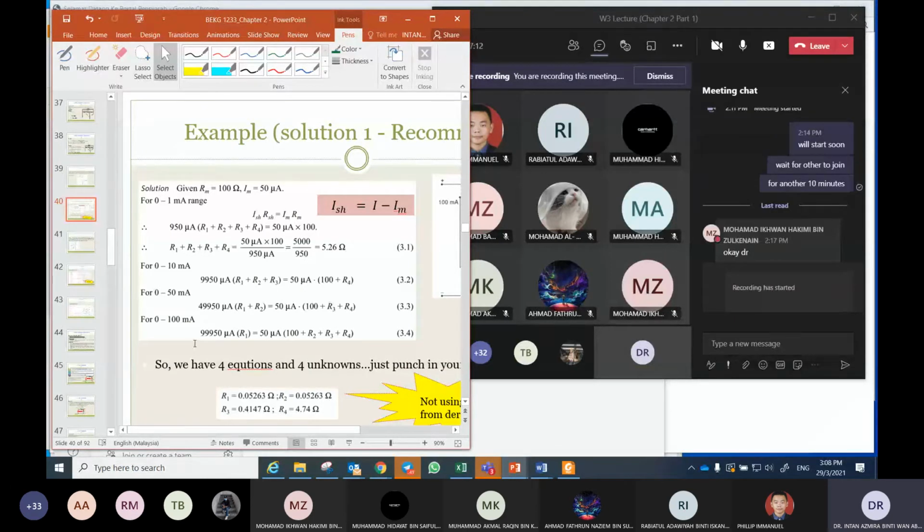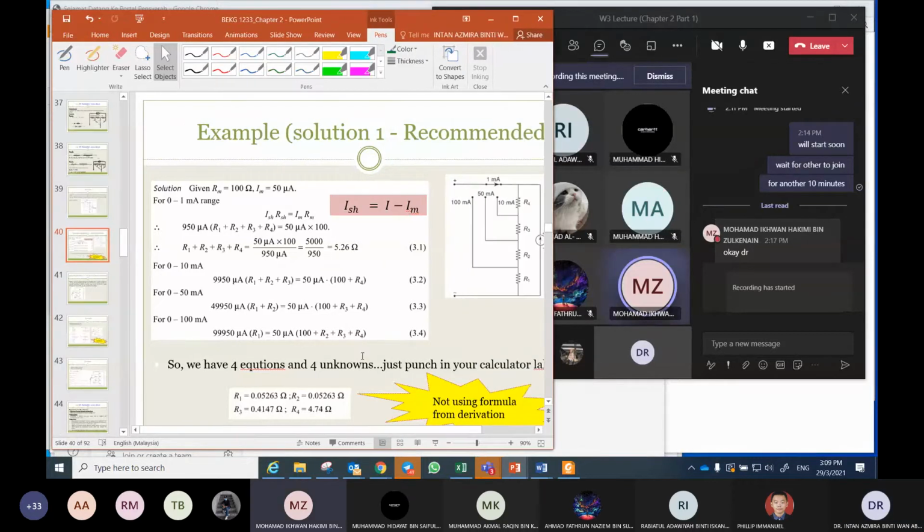Ikhwan, how did you get this value? How did you get this? 100 milliampere minus 50 microampere. Again? 100 milliampere minus 50 microampere.